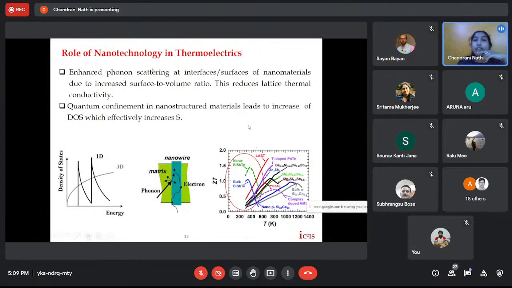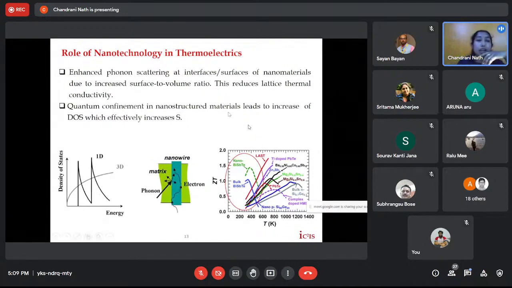Enhanced phonon scattering occurs at interfaces or surfaces of nanomaterials due to increased surface to volume ratio. We all know that as we go from bulk to nano, we have more surface to volume ratio. That will increase the surfaces or interfaces, and in turn it will affect the phonon movement, so it will reduce the lattice part of thermal conductivity.